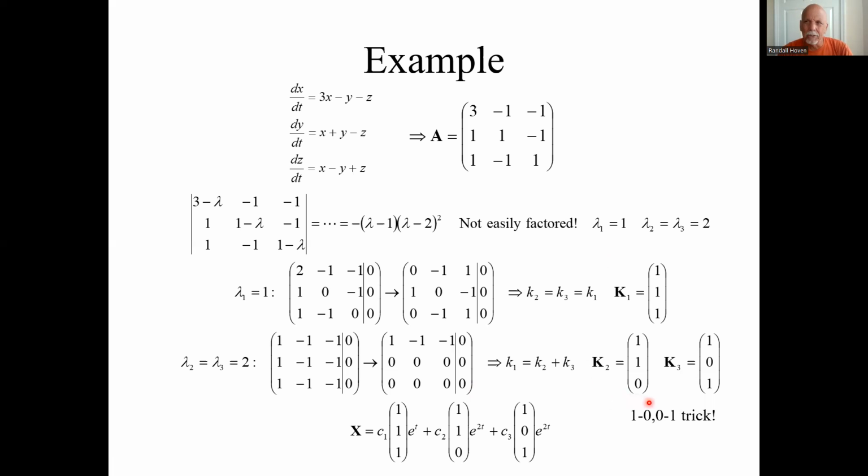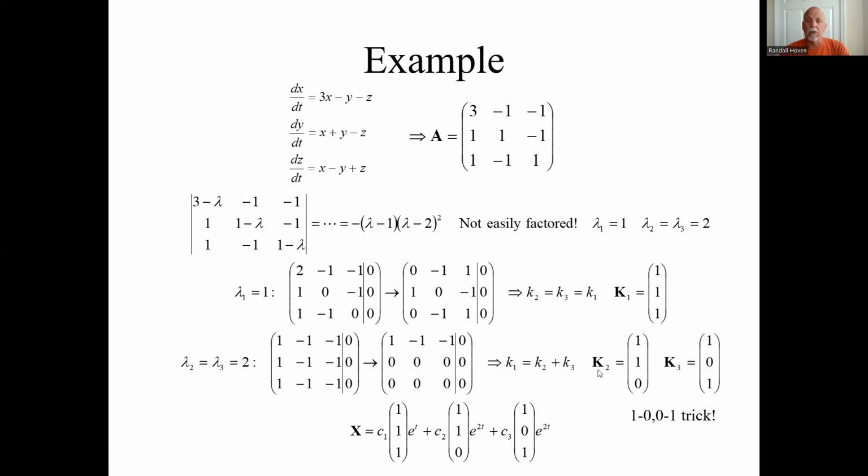We do this 1, 0, 0, 1 trick yet again. One of the subtleties in all this. I could write this like this. Well, this says K1 minus K2 minus K3 equals 0. I could write it as K1 equals K2 plus K3. I have 2 free variables. I do the 1, 0, 0, 1 trick. The first time around, I'll set K2 to 1, K3 to 0.